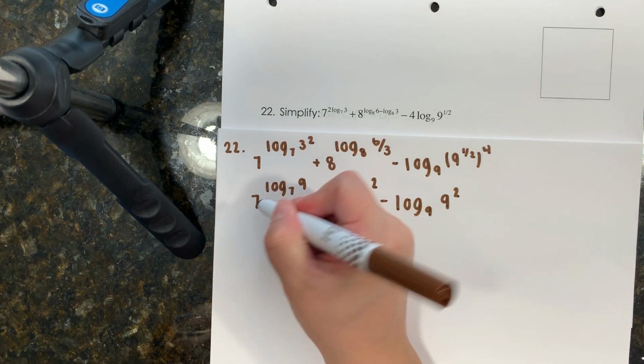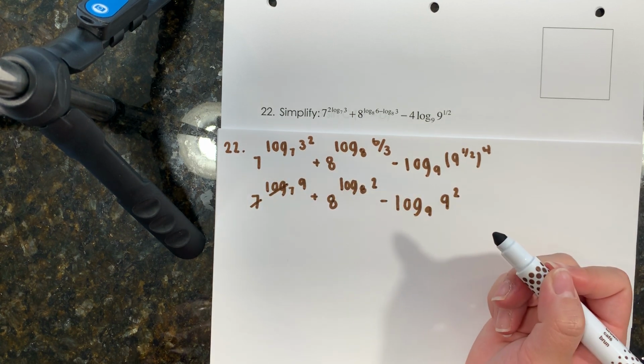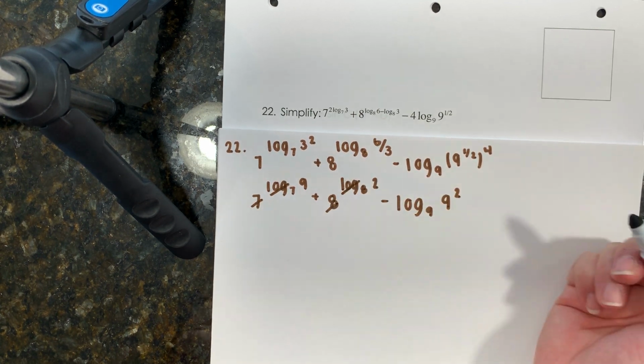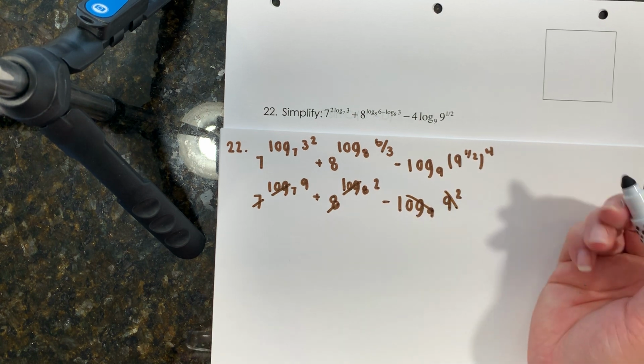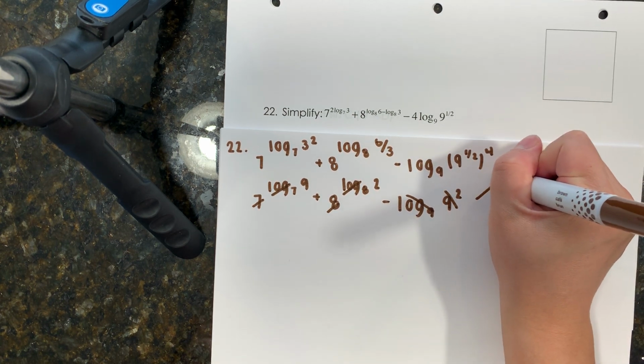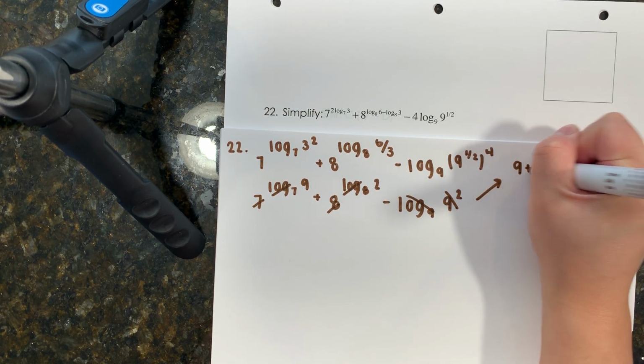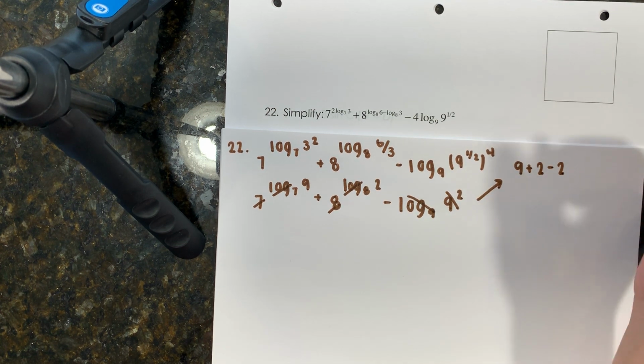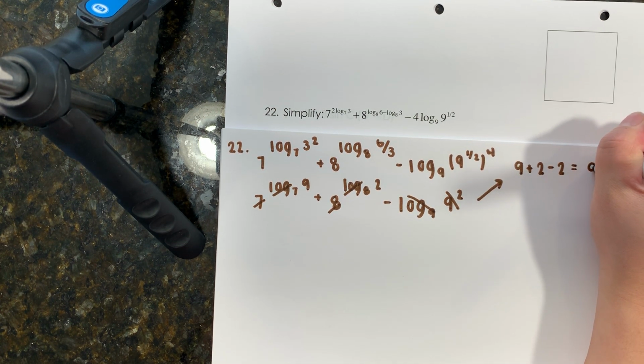Now, my 7 and my log 7 are going to cancel. My 8 and my log 8 cancel, and my log 9 and 9 cancel. So what you are left with is 9 plus 2 minus 2, leaving you with a result of 9.